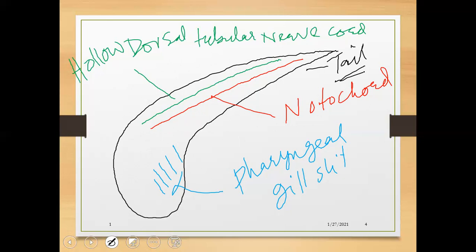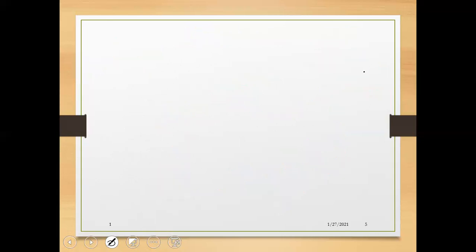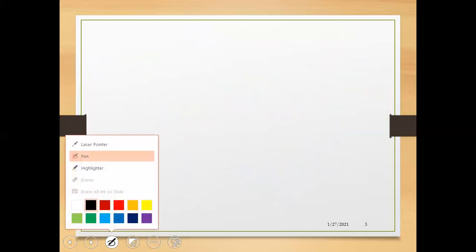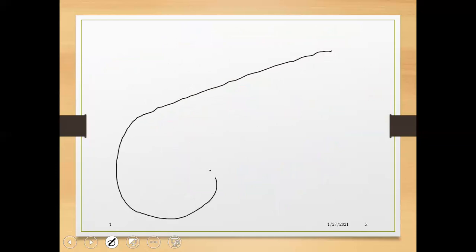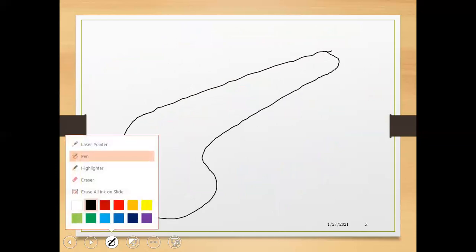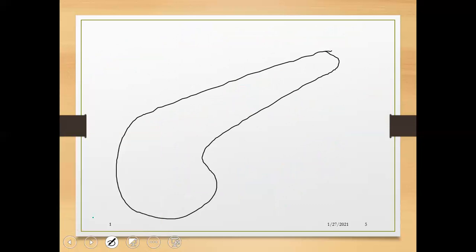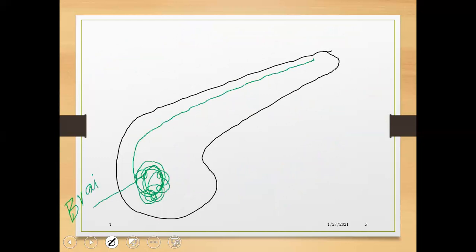One is the hollow dorsal tubular nerve cord. This hollow dorsal tubular nerve cord is converted into the CNS. After further development, this hollow dorsal nerve cord becomes convoluted and forms a coil-like structure at the anterior part. This structure is known as the brain. The remaining tube-like structure is known as the spinal cord.